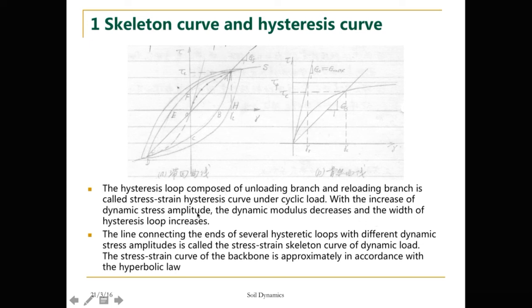Then the width of the hysteresis loop. You see, there are two widths, and we can find two loops with different widths. We already know the meaning of the area inside this loop. The meaning is the energy loss in one cyclic load. And the width increase means the energy loss increases.